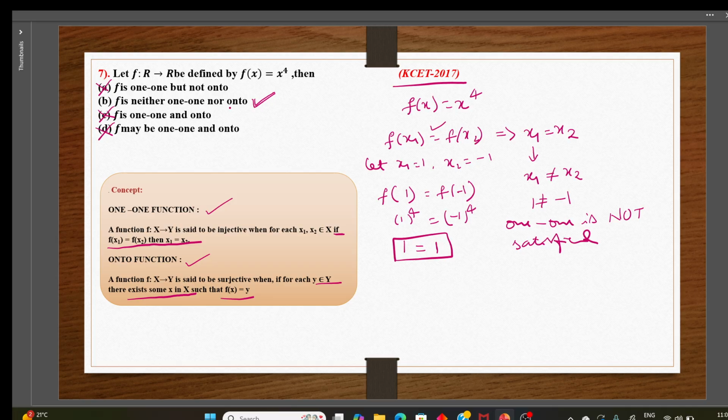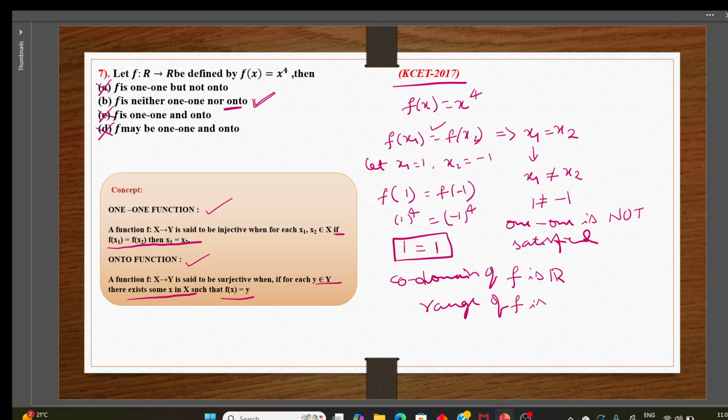Which option is correct here? Option B is correct, once you check onto also. For onto, what is the codomain here? The codomain of f is R, the real numbers. What is the range here?